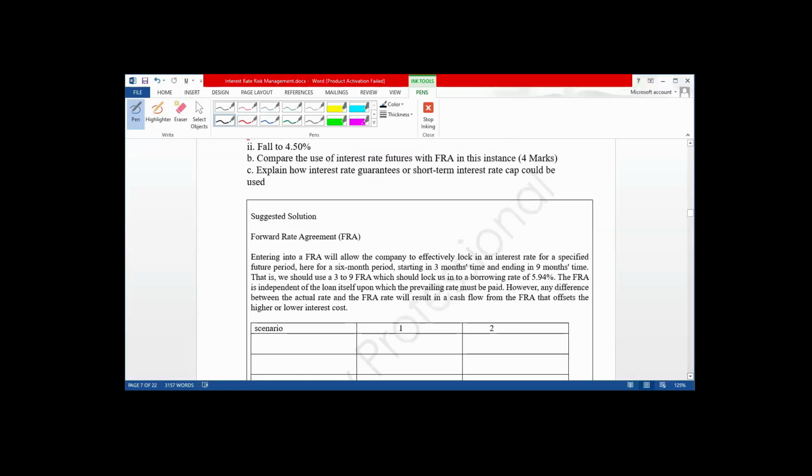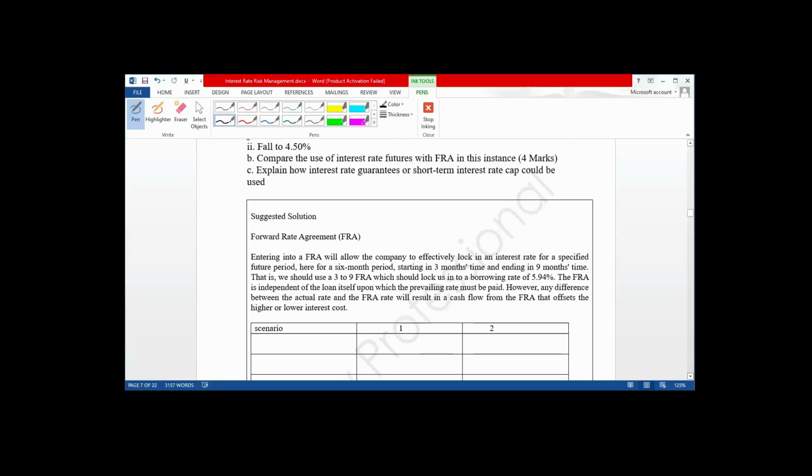Entry into a FRA, that is forward rate agreement, allows the company to effectively lock in an exchange rate. When we say lock in, it means fix. Lock in means fix an exchange rate by entry into a forward rate agreement.